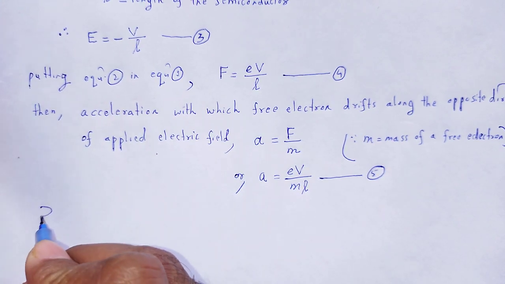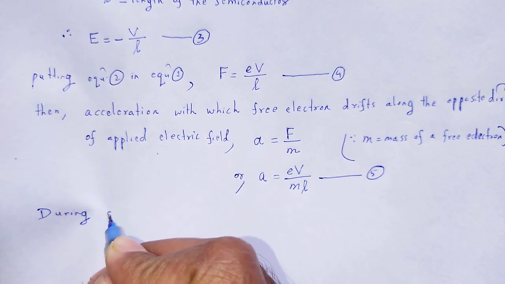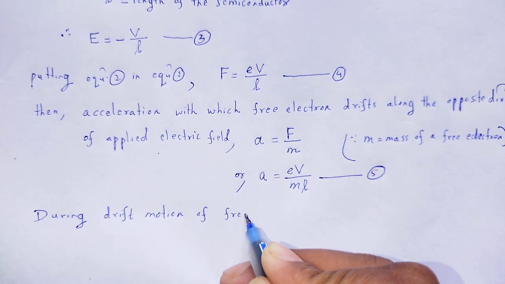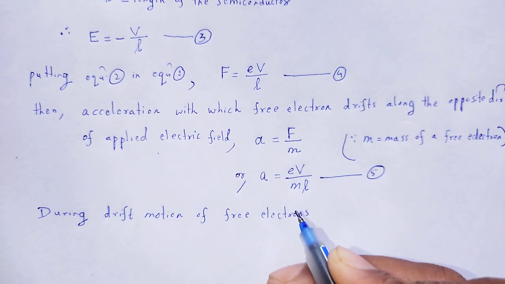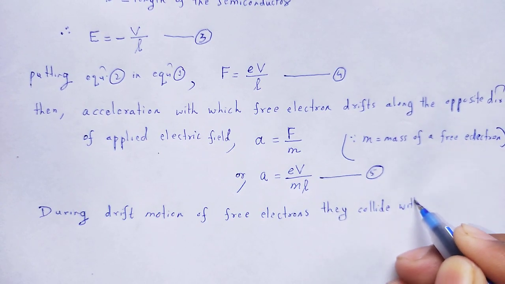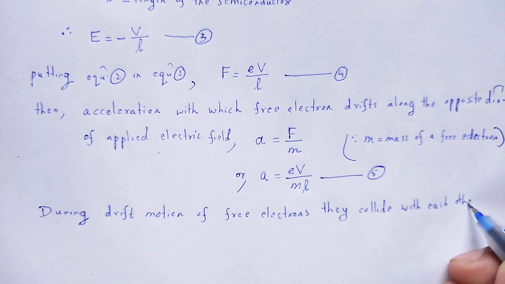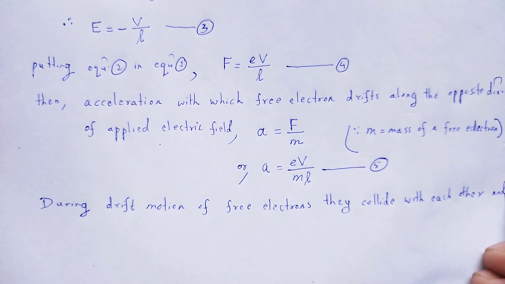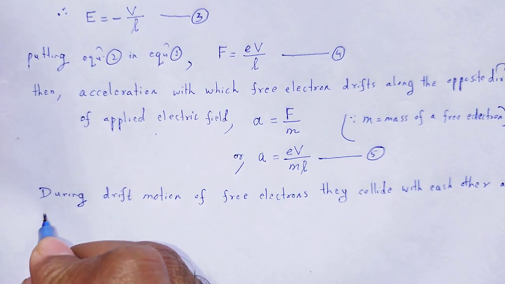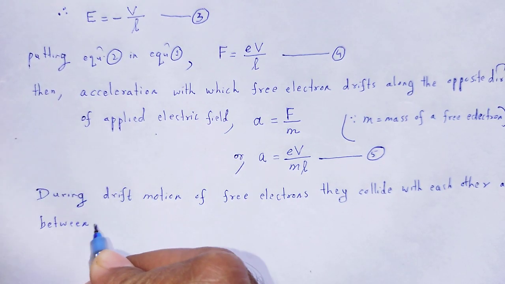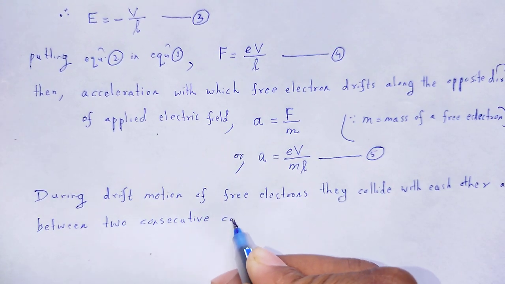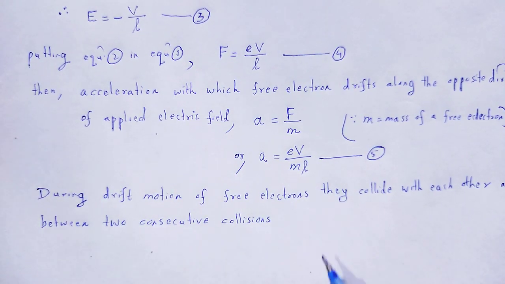During drift motion of free electrons, they collide with each other, and between the two consecutive collisions they move in a straight line.